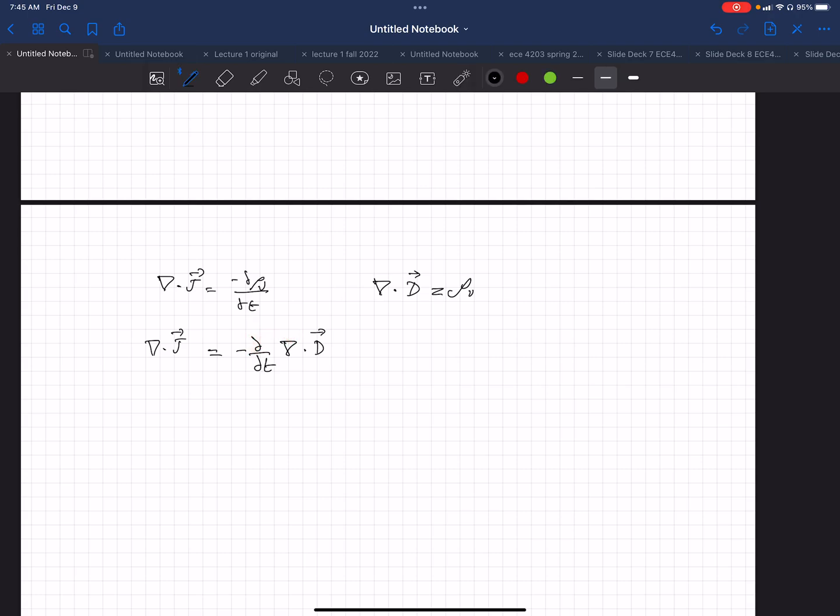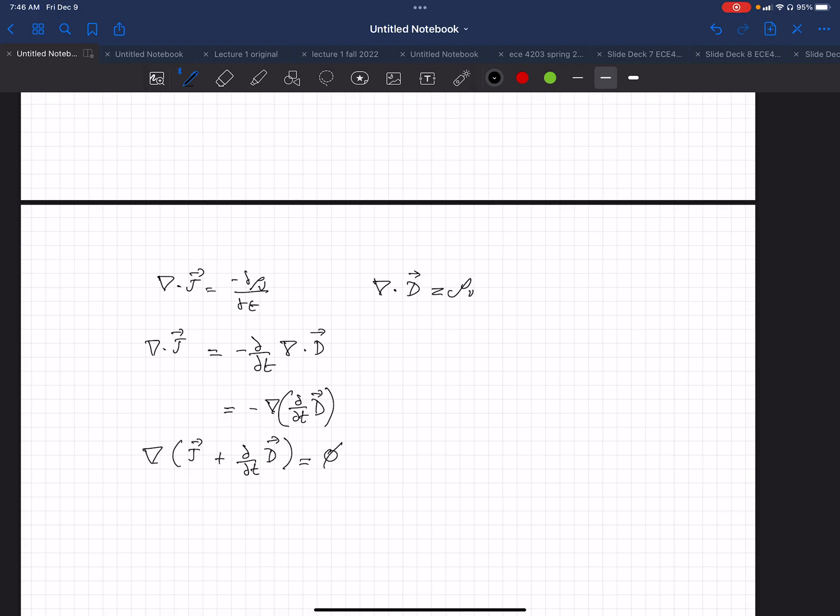So we're going to make it minus the divergence of the rate of change dt of D. And then we're going to bring this over to the other side. So the divergence of this combination, J plus dD/dt, is equal to 0.